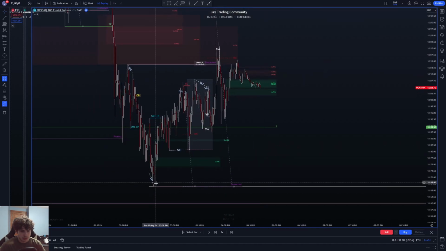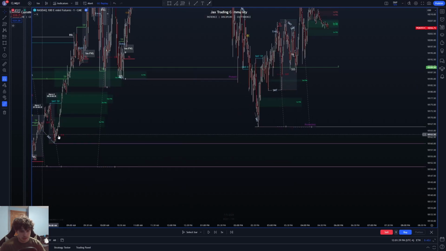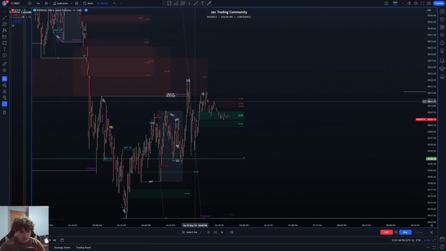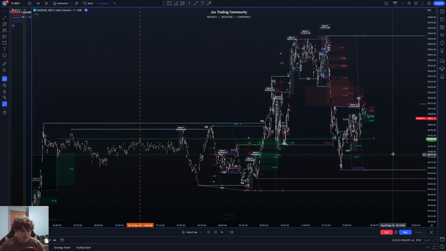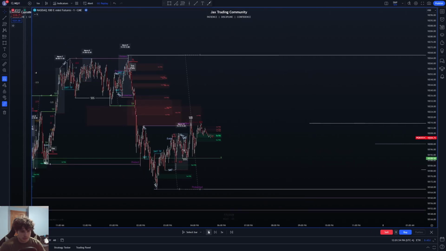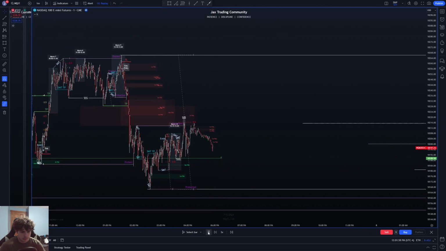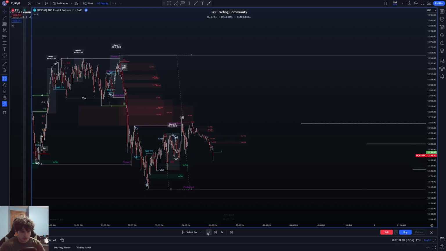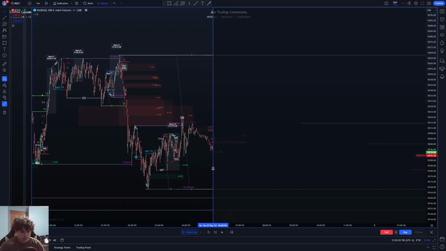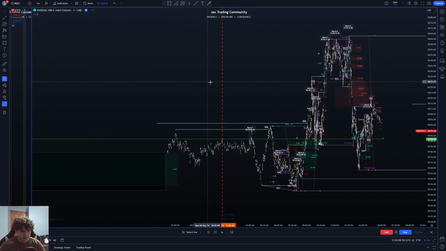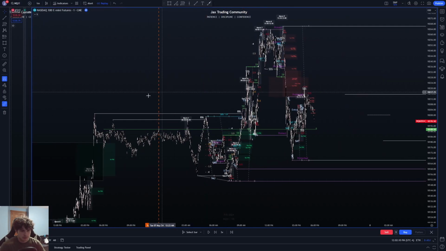But again, right here, we had this protected low creating in the day. We had this protected low and this protected low. They have not got taken yet. And so this one got taken because it's at the end of the day. Well, it's also because we're bullish. And you can see right here, if we wait till 6 o'clock, right here, if you think about the daily candle, it starts here.